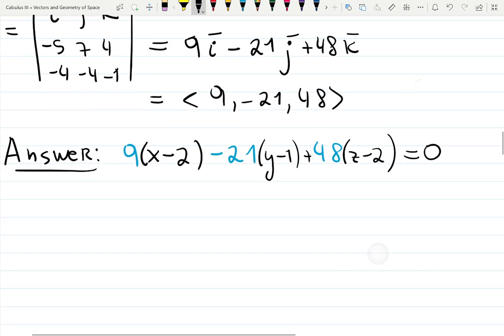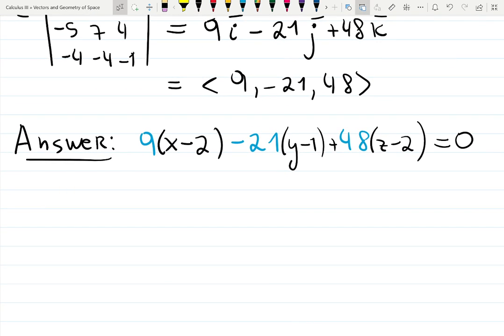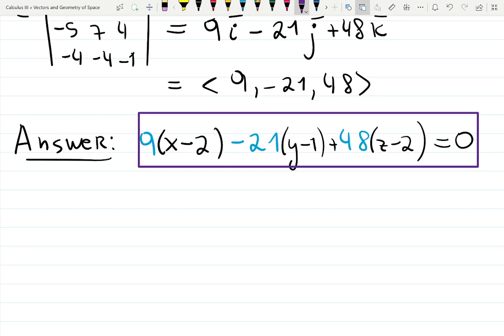Or you can again do like I did before, distribute and have a nice answer with 9x minus 21y and 48z equals some kind of number. But this is a good one because it shows you the roots really nicely. I see the point, the roots, I see the slope. So it's a three-dimensional slope basically. A normal vector shows you the angle of this plane. It's like so, like so, like so. Pretty cool idea here.